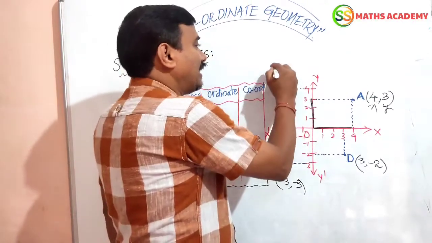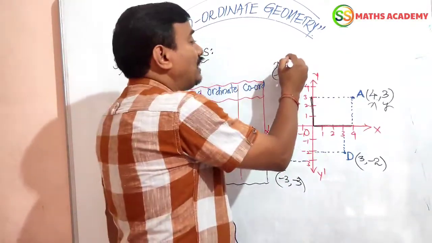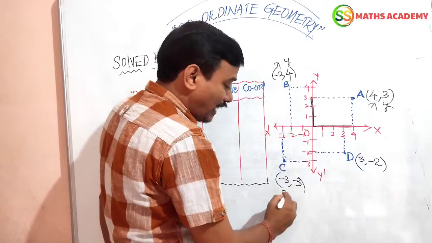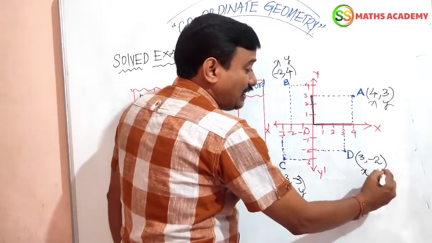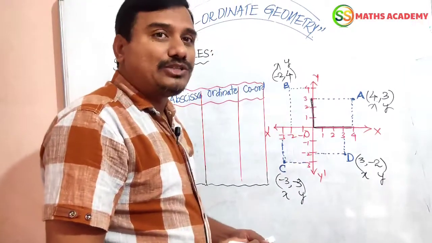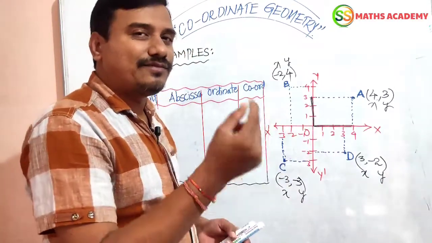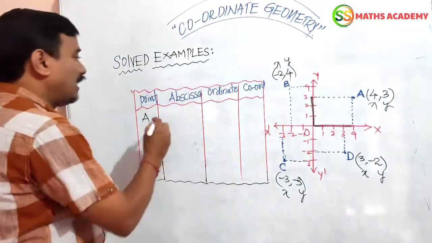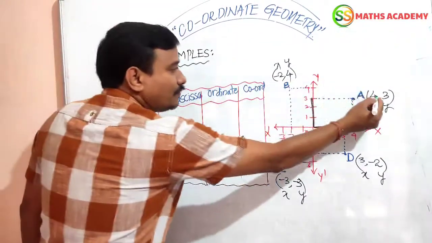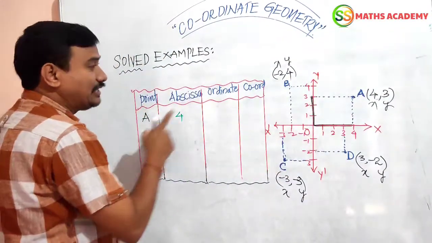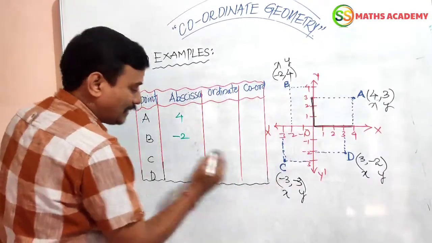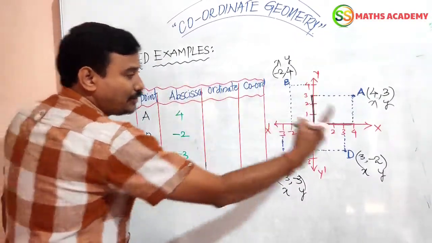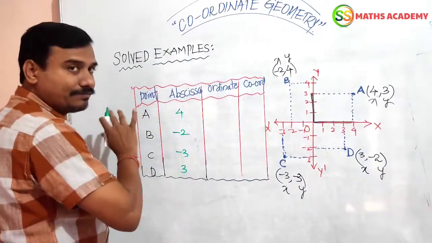Here x is -2, y is 4. Here x is -3, y is also -3. Here x equals 3, y equals -2, children. Then you can fill the box. Abscissa of A is 4, abscissa of B is -2, abscissa of C is -3, abscissa of D is 3.